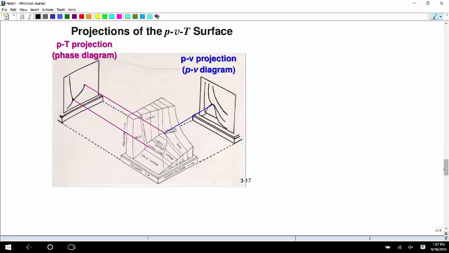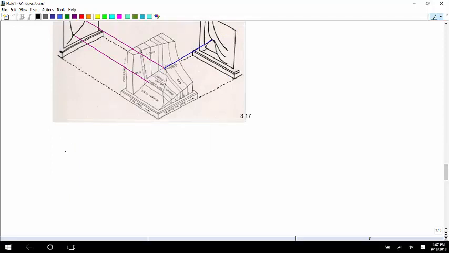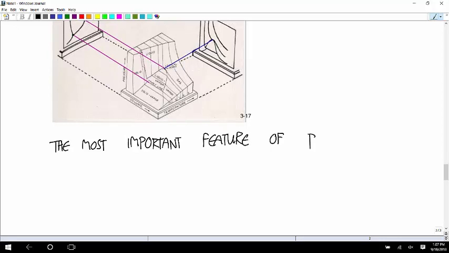The one feature that's going to be useful to keep in mind, the most important feature of the PVT surface, is the part that's called the vapor dome. That is this thing.